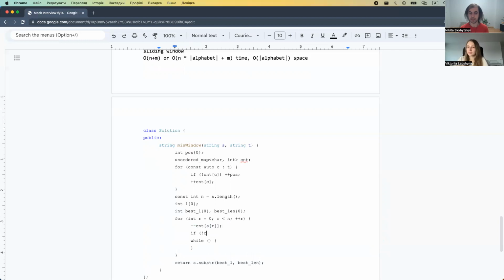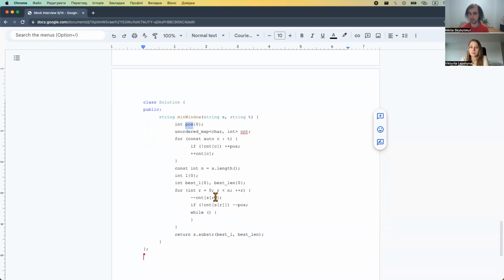If we no longer have need in this character, we decrement the number of unique characters that we still lack, right? We fulfill the need for this character, we have one less character to go. Maybe it's more reasonable to call it unique, but positive is, once again, how many positive values there are in the map.